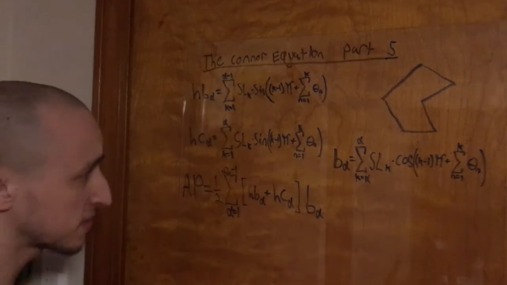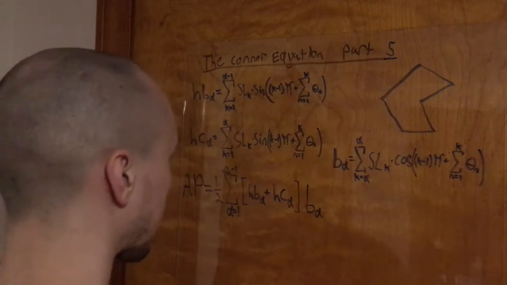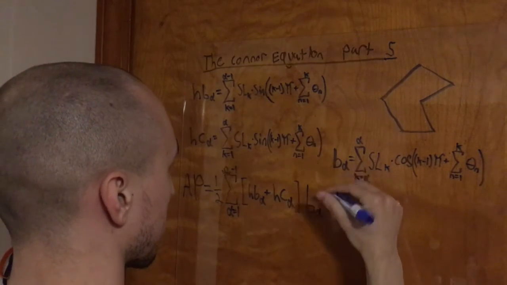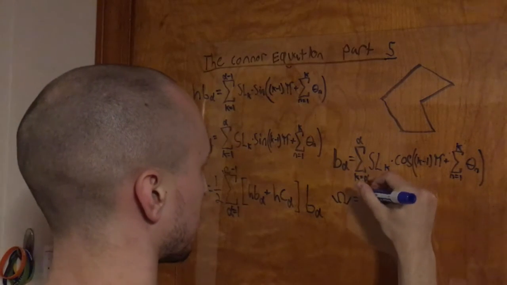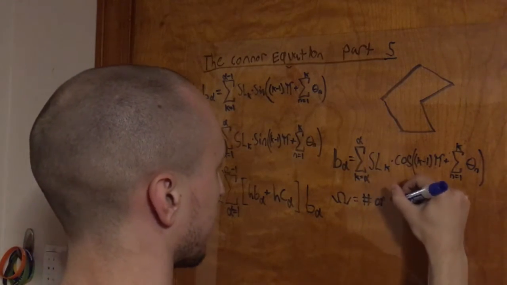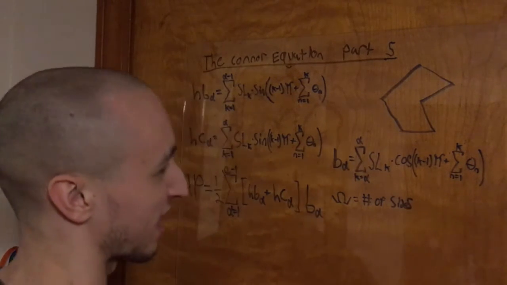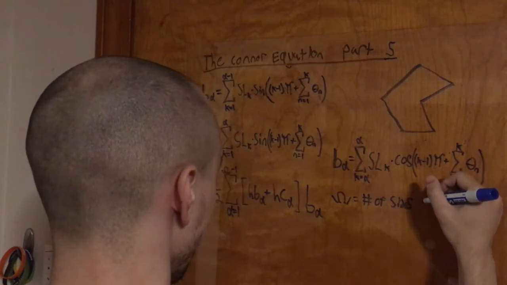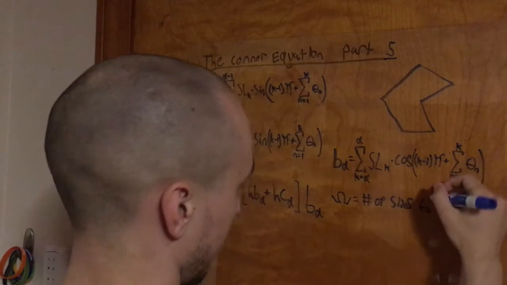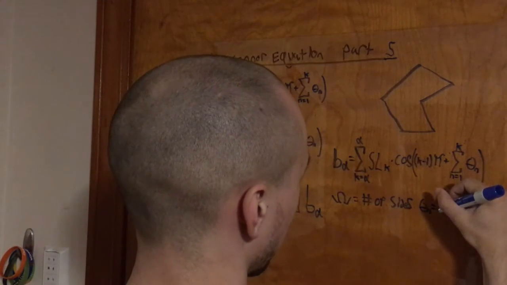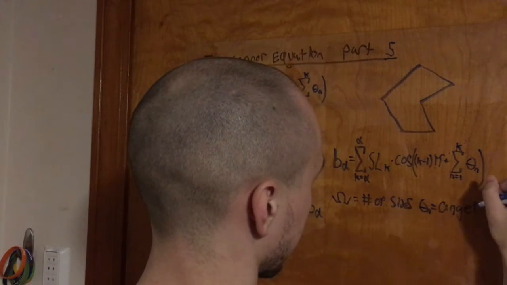All right, so just to recap a little bit on some of the terminology you see inside. We went over this in the previous video, but I'm going to write a key really quickly. The key is very simple. Omega equals the number of sides. Theta n equals the angles.